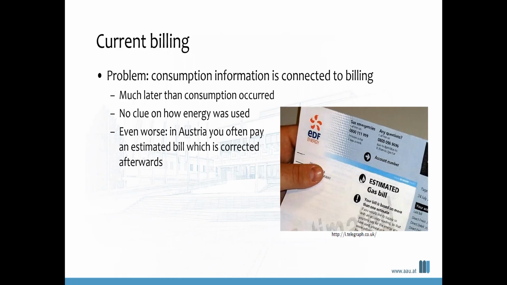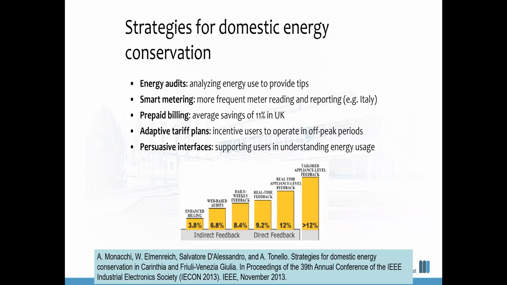And if we would get this information more frequently, would that make a change? Has somebody looked into whether that would be an advantage? And yes, when looking into strategies for domestic energy conservation, it has turned out that there are different ways of improving the overall energy consumption by just informing the customer about their consumption in a more detailed way.